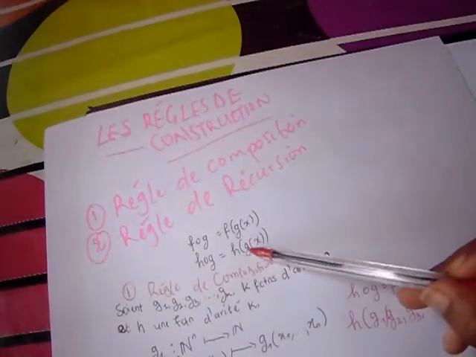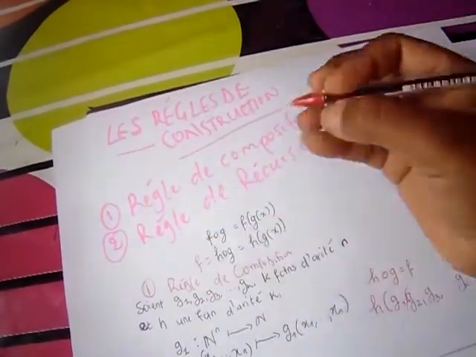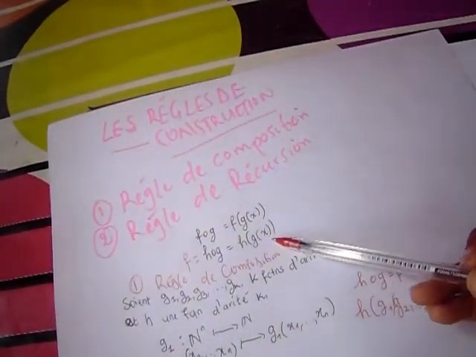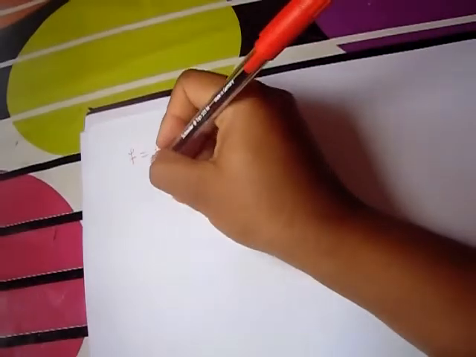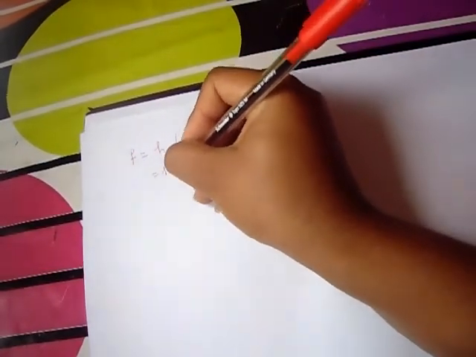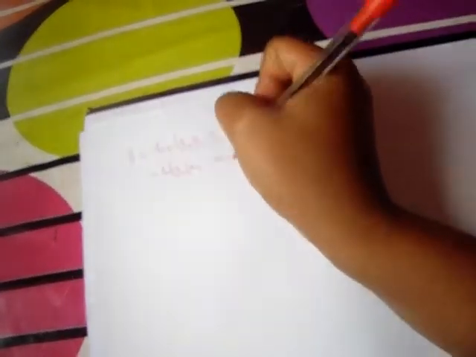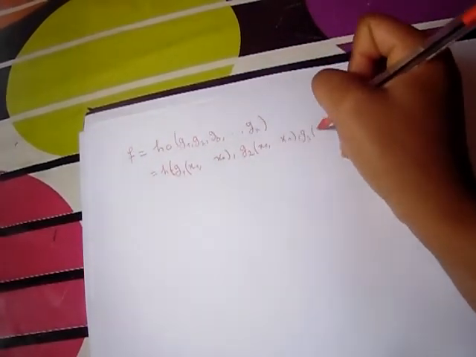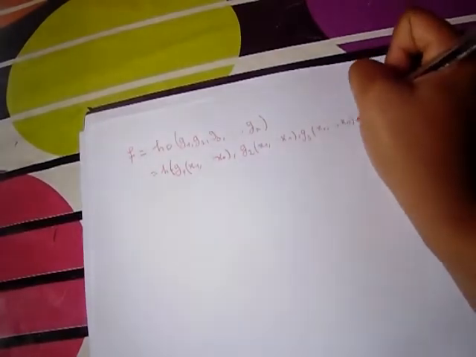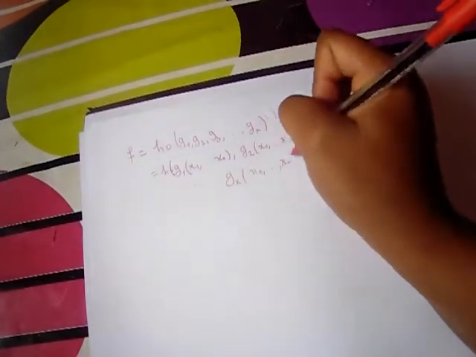We have h rond g is h of g of x. So remember, this is F. H of g of x. We can have one or more variables. So this h rond g, breaking it down, is the same thing as h of g1 de x1 jusqu'à xn, g2 de x1 jusqu'à xn, g3 de x1 jusqu'à xn, up to gk de x1 jusqu'à xn.